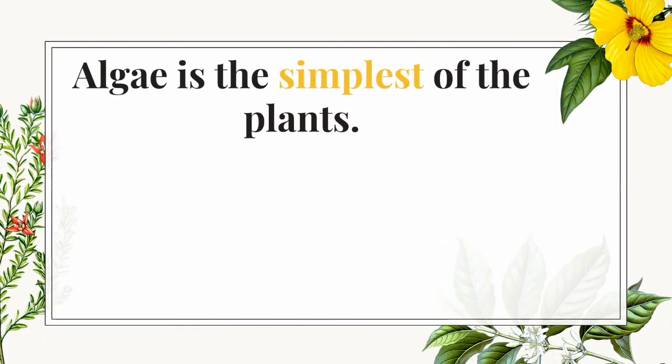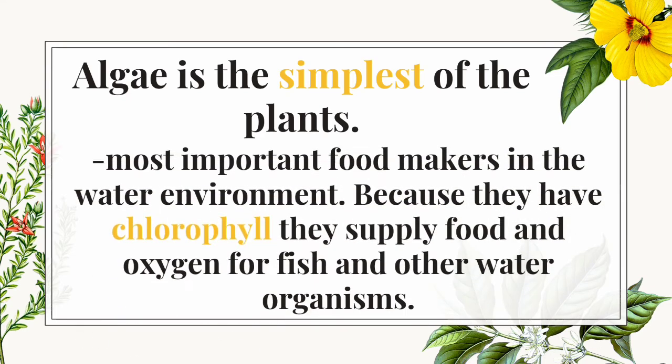Algae is the simplest of the plants. Remember that. Algae are the most important food makers in the water environment, because they have chlorophyll and supply food and oxygen for fish and other water organisms. So that is the algae.